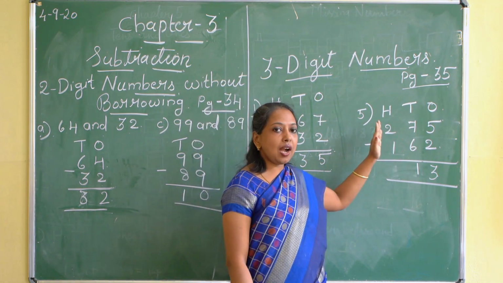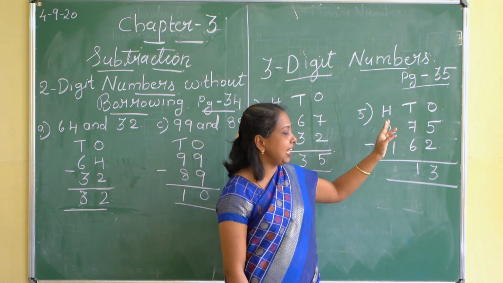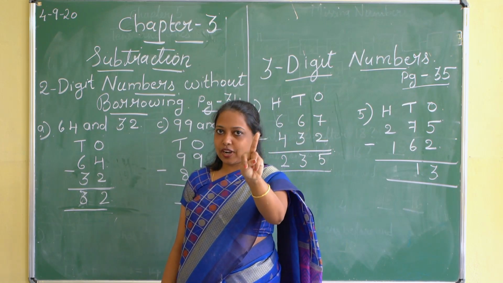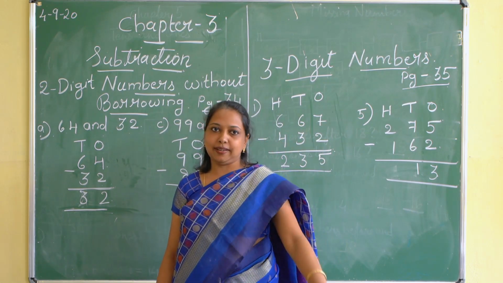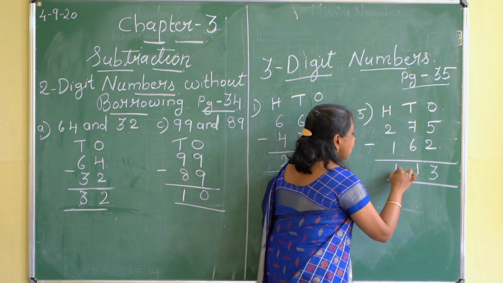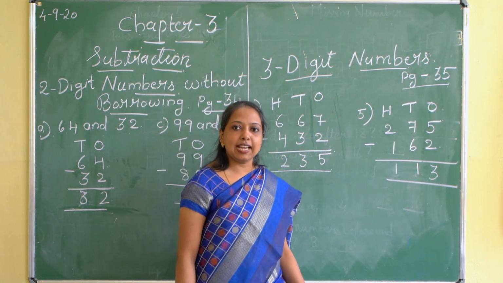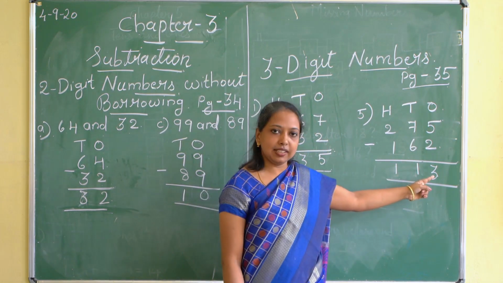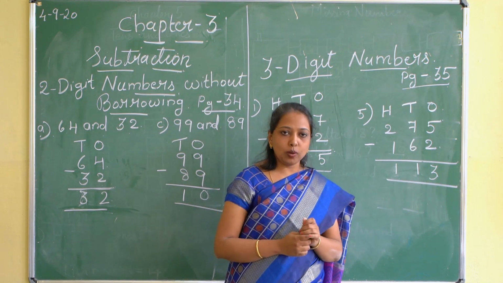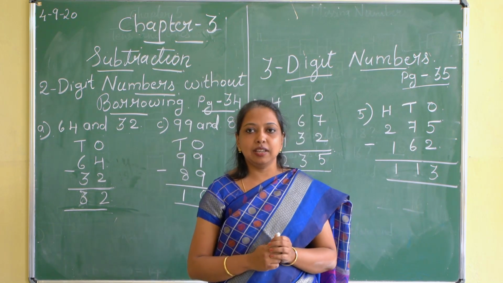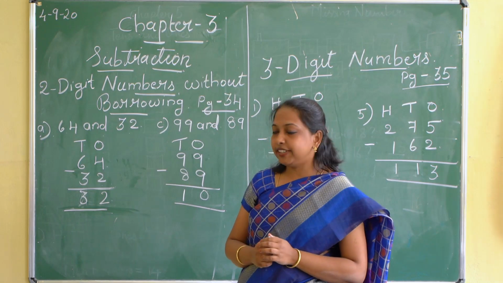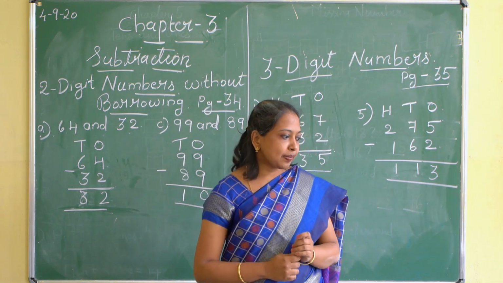Now we move to the 100's place. Take 2 fingers and fold 1 finger. You got 1. So you got the answer 113. I hope you understood this method, and I think you have already done it in class 1 also.